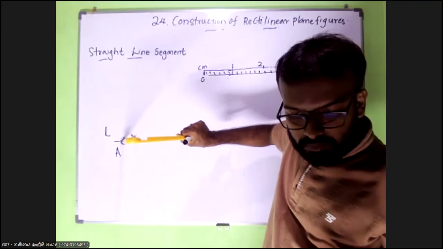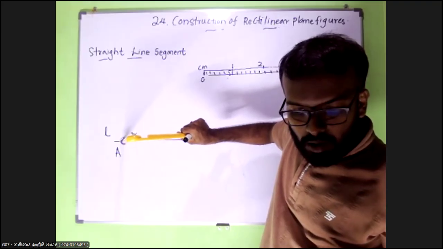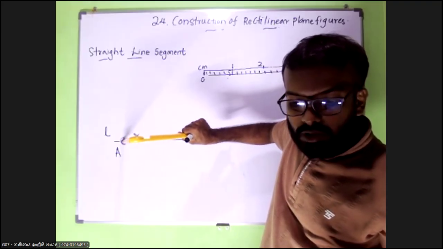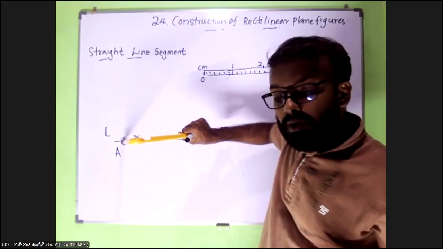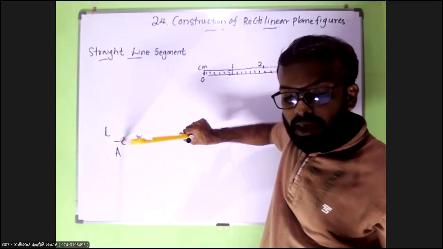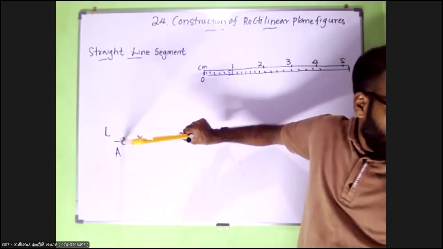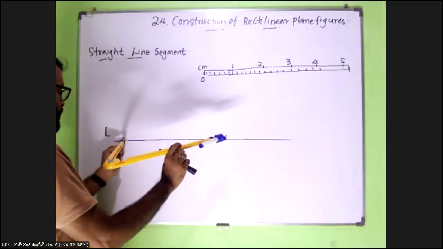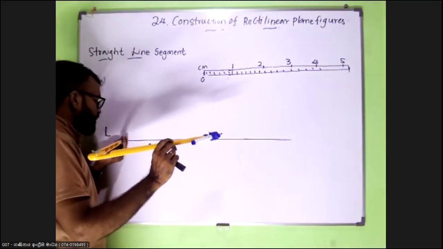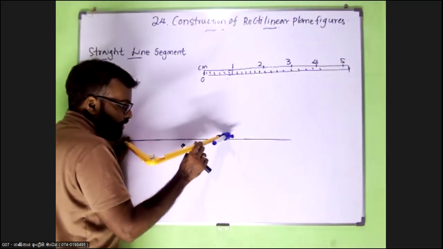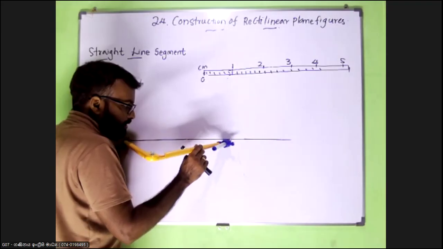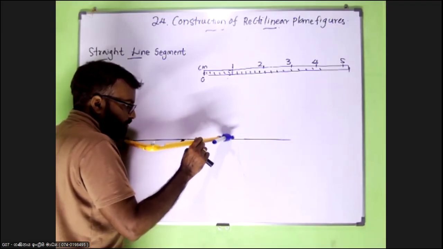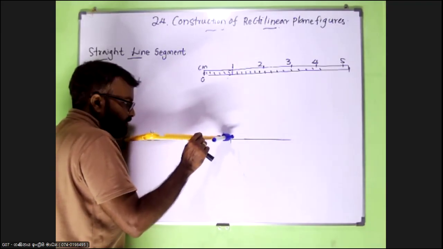Then mark a point on the line which is 4 centimeters from A and name it B. So you have to mark a point like this. This is my point here, and I am going to mark an intersection point around here. Guys, I think you can see it, right?